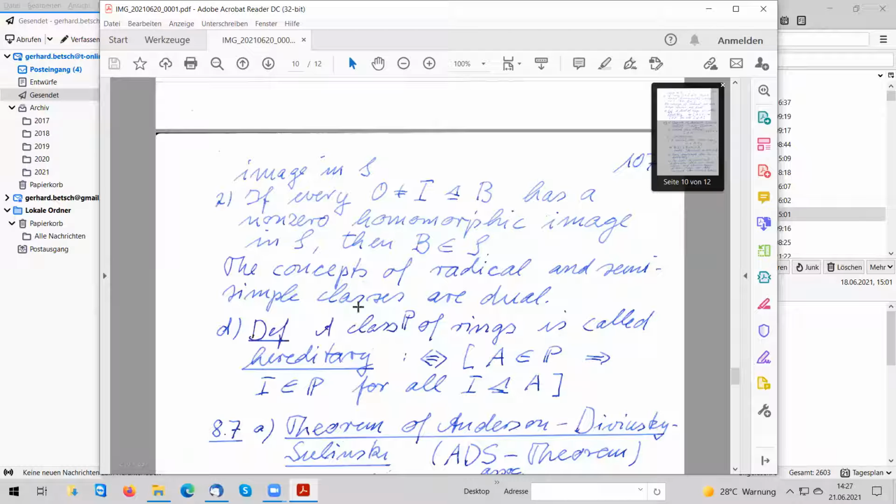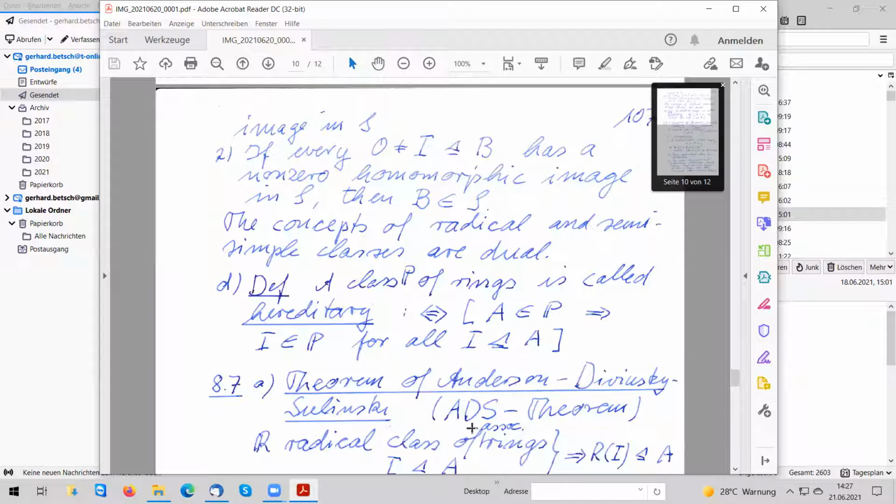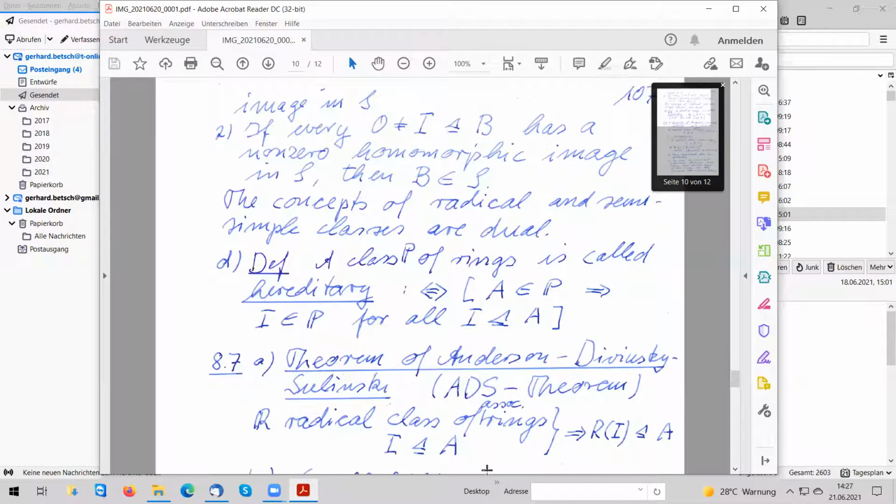And to prove this, one needs a very important theorem, called ADS because it was proved in a joint paper by Anderson, Divinsky, and Sulinski.